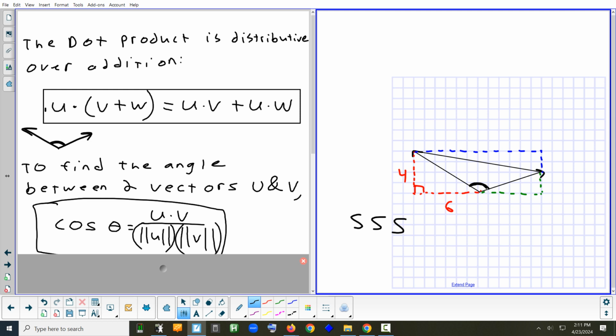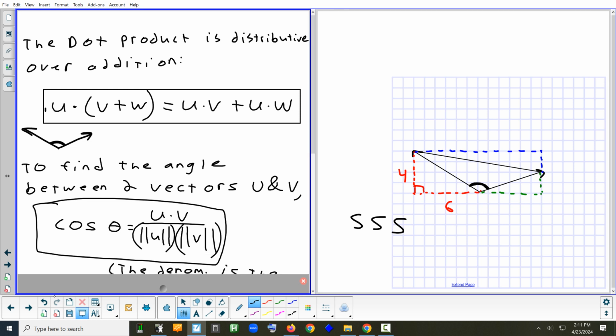But think how long that's going to take. You're going to do Pythagorean theorem 3 times. That's going to take at least a minute and a half. Then you're going to do law of cosines. That might take a couple minutes. So it's going to take a while. Well, we can shorten that whole process using this formula. This does exactly the same thing, but in a quicker way. I could prove why it does it, but we're not going to go through the proof of the formula.